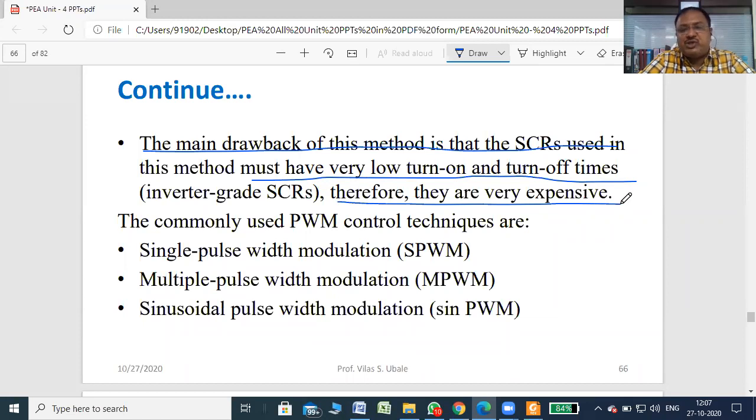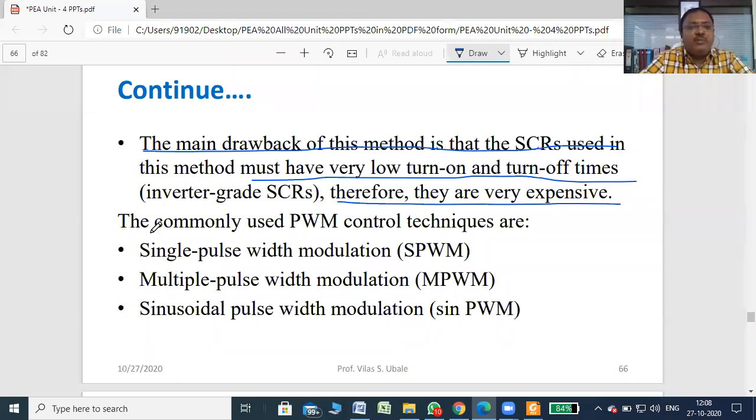So for precise applications, definitely such types of SCRs are used, and even in the PWM technique the same kind of SCRs are used, otherwise your circuit will not work properly. So this is one of the major disadvantages of the PWM scheme, that we require an SCR with low turn on and turn off time. So such types of SCRs are expensive.